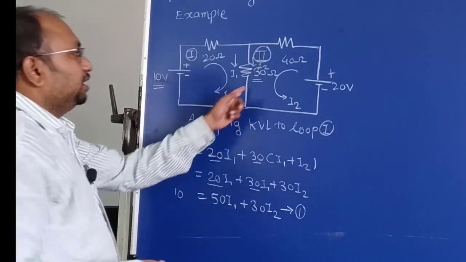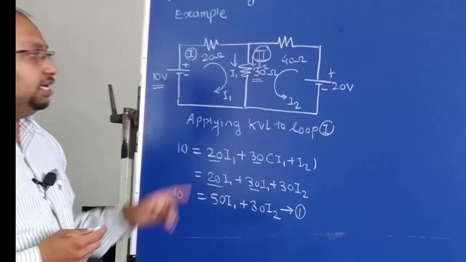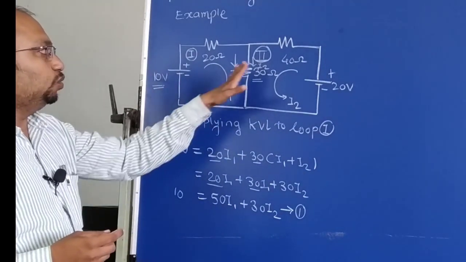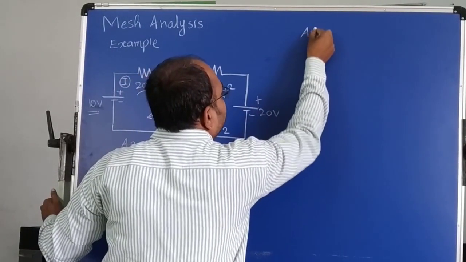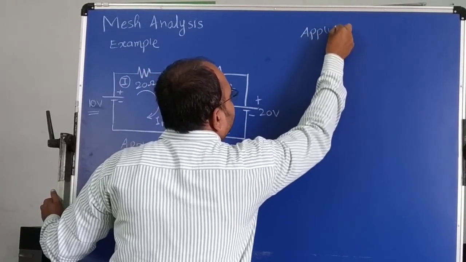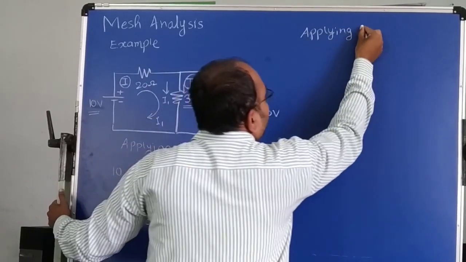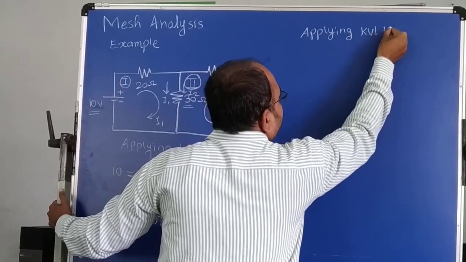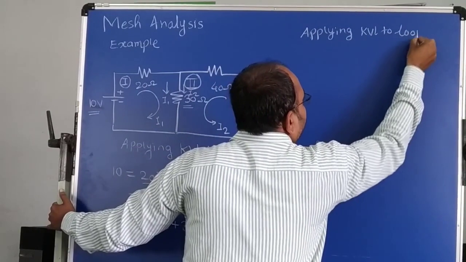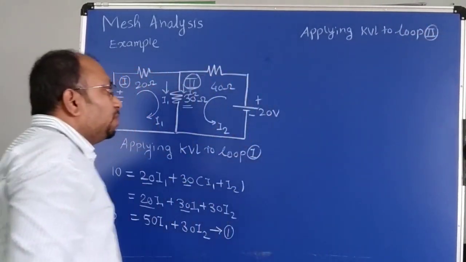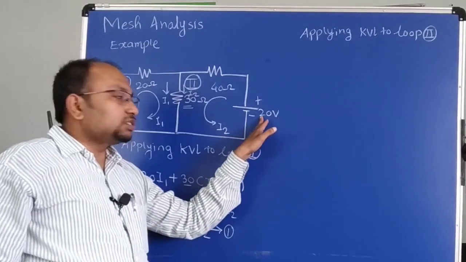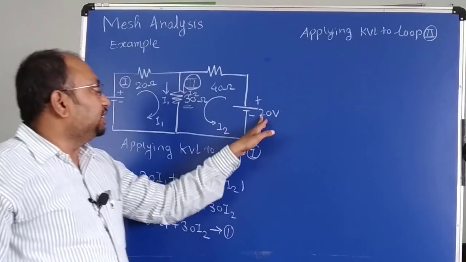Now similarly, let us apply KVL to loop number 2. In this loop as well, a voltage source, that is 20 volt, is present.